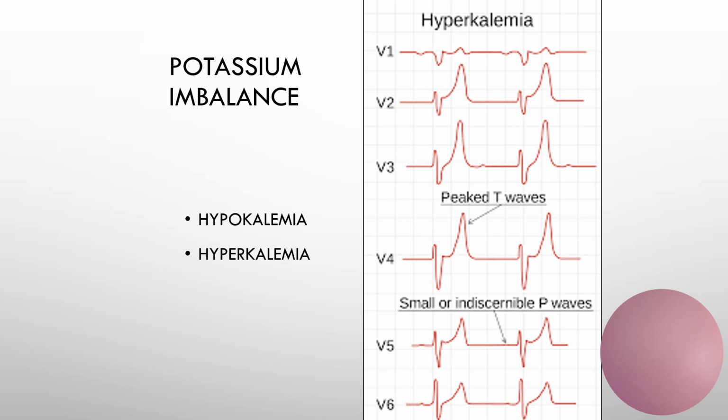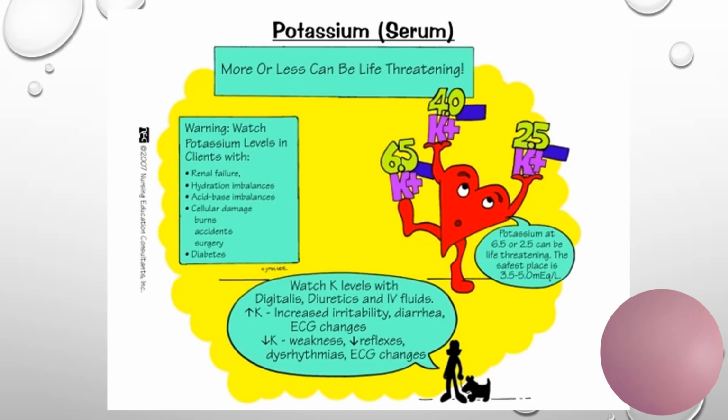And again, we'll go over this again in a little bit, but some of those foods will include vegetables, dried peas and beans, bananas, oranges, and potatoes. There's some mnemonics here for you.